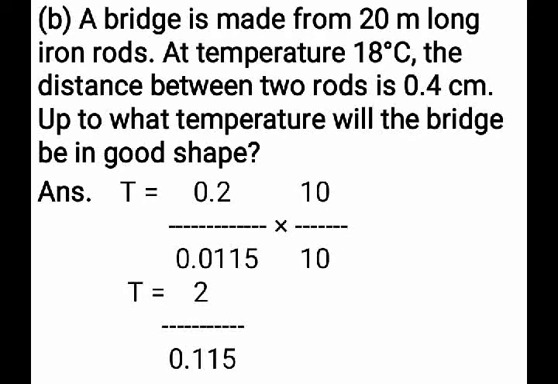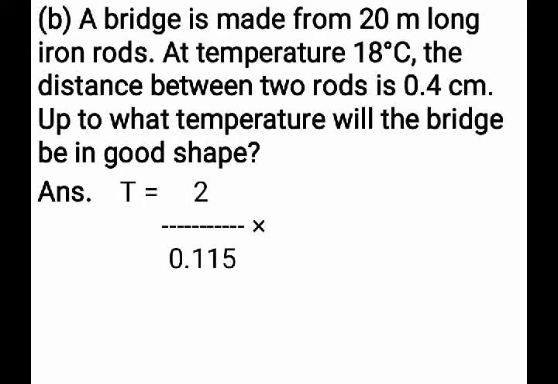Now one more step: you have to remove the decimal point from the denominator. On the denominator, how many decimal places are there? 3 digits after the decimal point. If there are 3 digits after the decimal point, you have to multiply the numerator and denominator by 1000. That is, temperature is equal to 2 upon 0.115 multiplied by 1000 upon 1000.